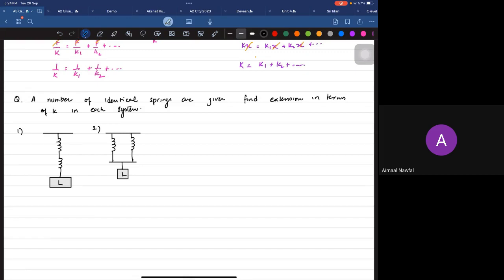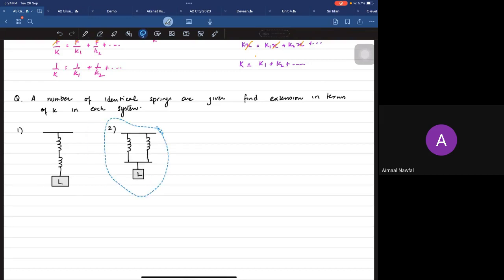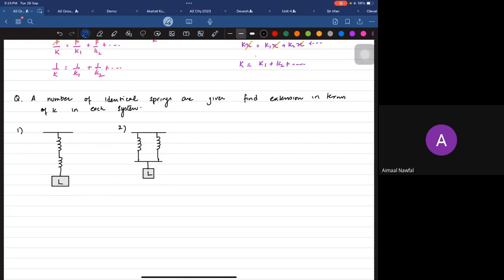They're taking up the same load as well. Just make it a bit smaller. Move it a bit here. Now three.